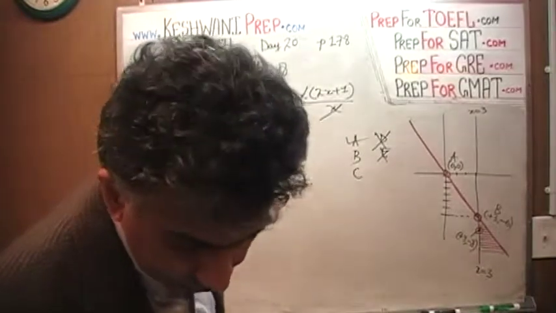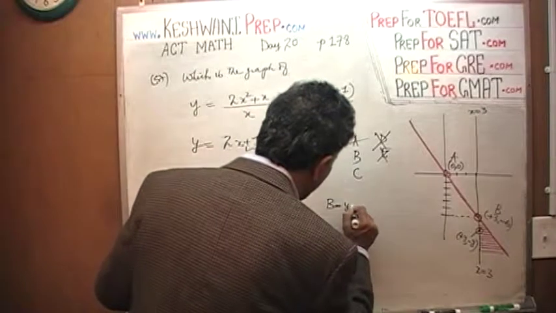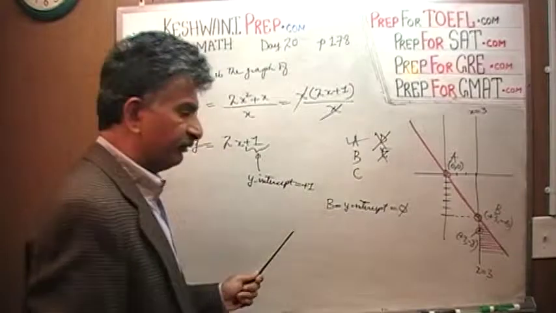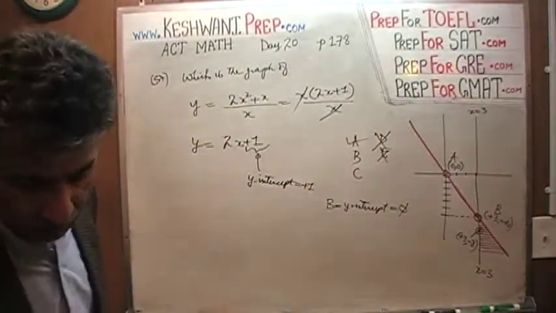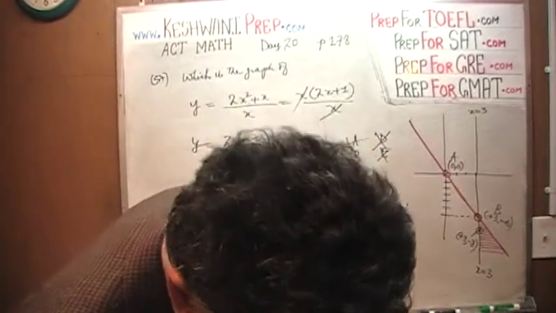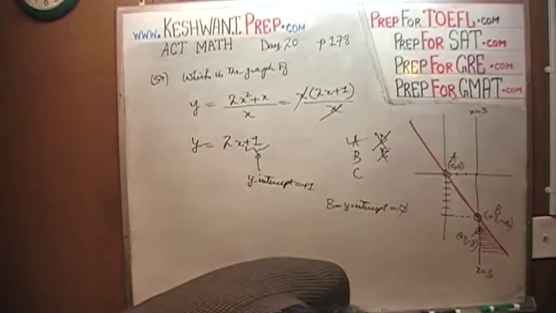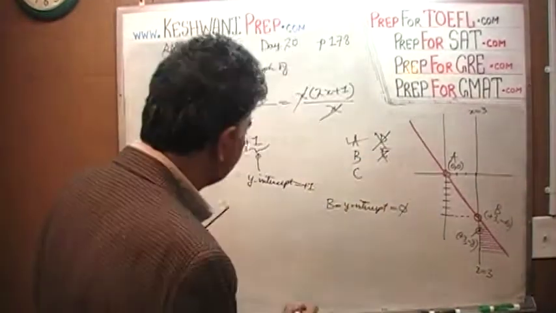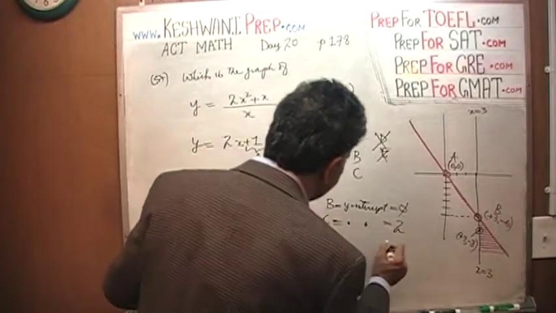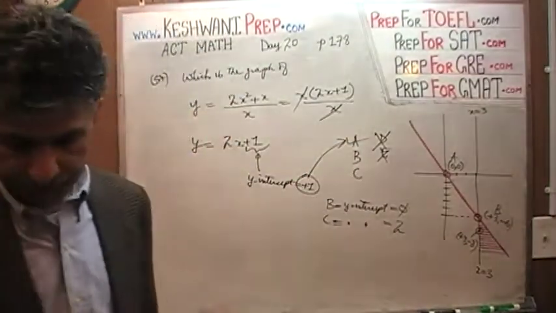B is wrong because the y-intercept shown is 0. That's not what we're looking for. We're looking for a y-intercept of 1. And in C, the y-intercept is more than 1. It's between 2 and 3. I think they're showing 2. That's not it. That's answer choice A. That's all.